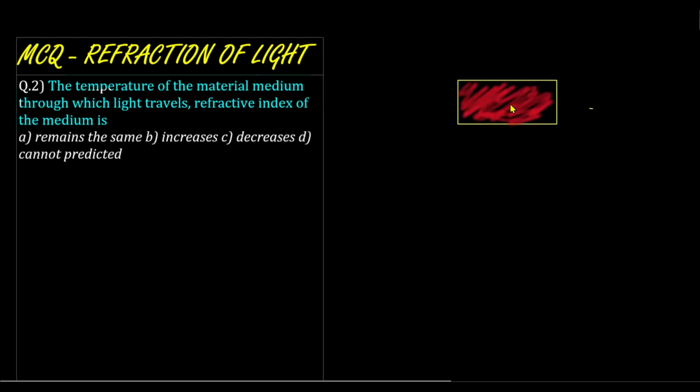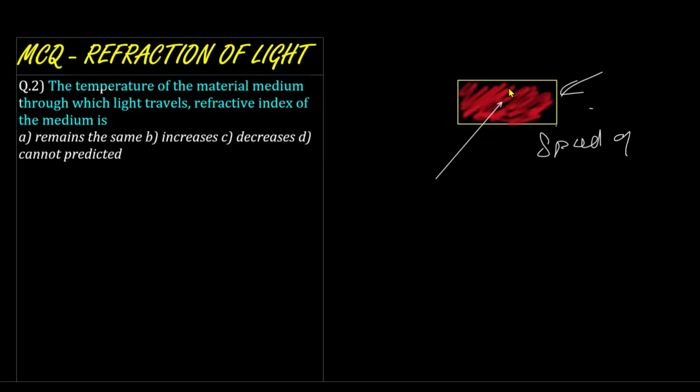So this is a medium where I have increased the temperature. What you should know is that on increasing the temperature, if the ray of light passes through this medium, it acts as an optically rarer medium, and the speed of light will increase.